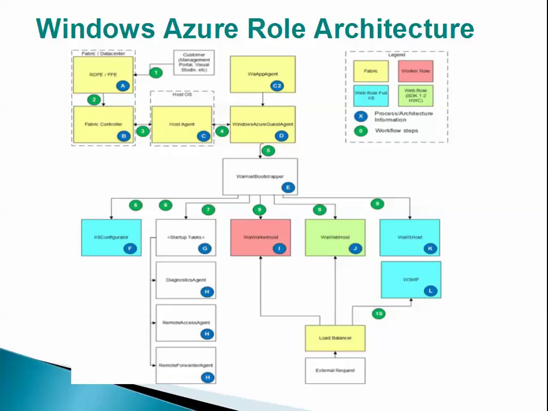We can call it the brain or engine, whatever term we like. Everything happening inside Azure, from the end user's perspective or from the Azure management point of view, is handled by the fabric controller, right?